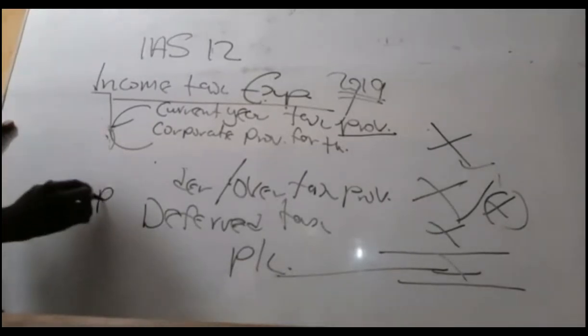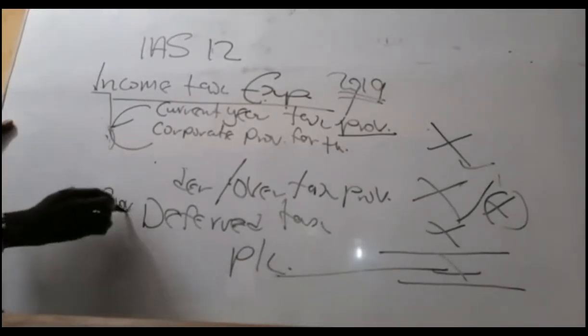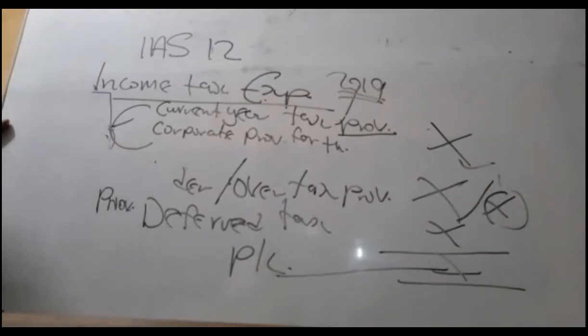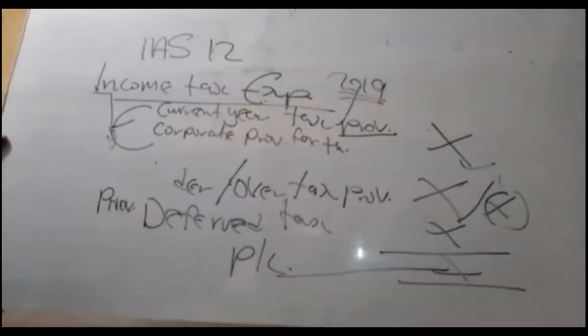You can call it provision for deferred tax. Now, you know that a provision is the movement that we record in the P&L. So here too is a movement in the provision for deferred tax. That's what you're going to record here.